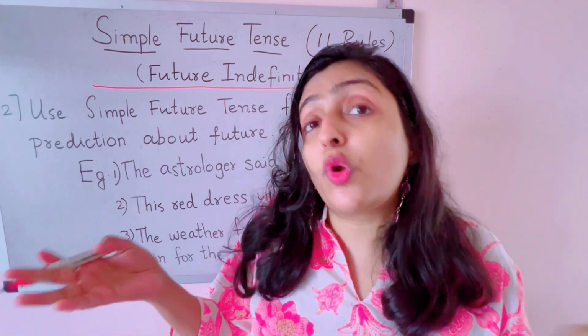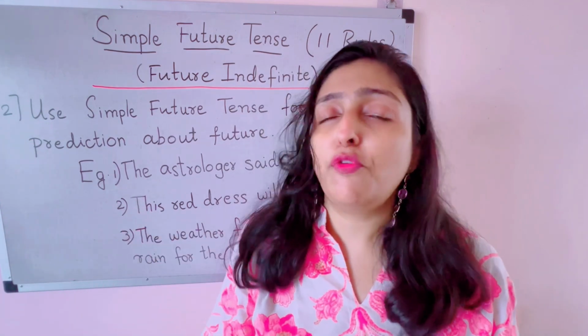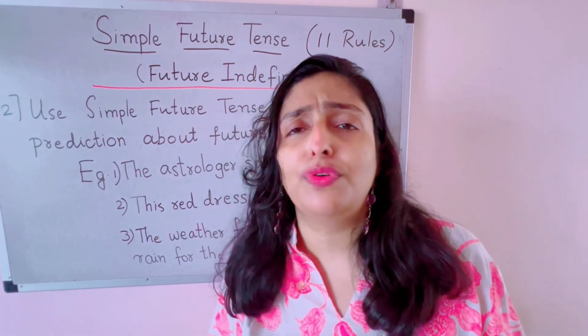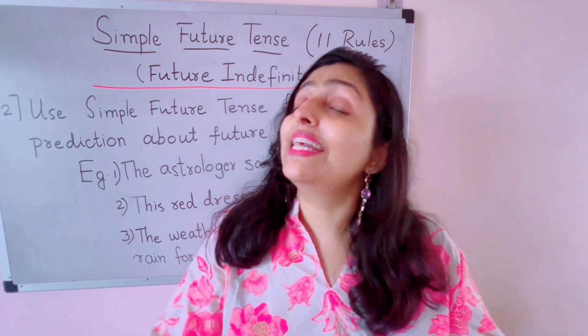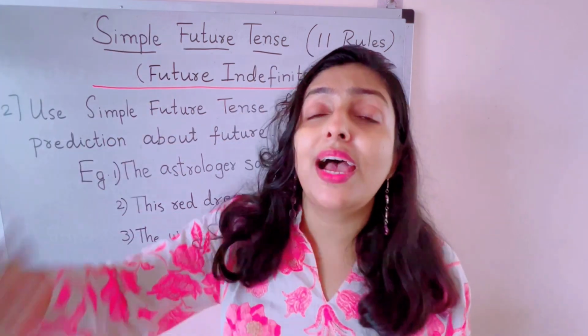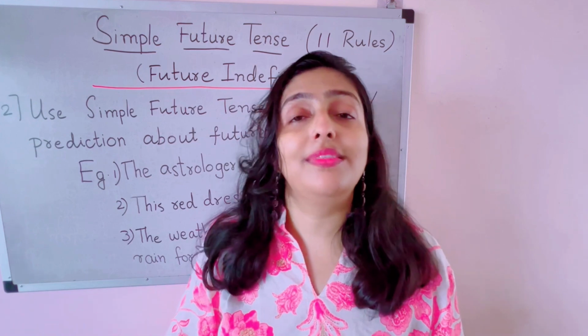Will I conquest or will I fail?" And he replied, "Oh no, you will definitely win the exam." Okay, so it's going to happen in the future. It's not in the present, it's not in the past. The time lies ahead. You will indeed triumph in the exam.